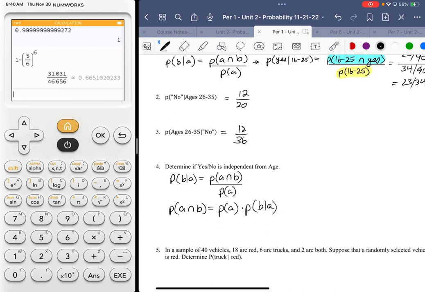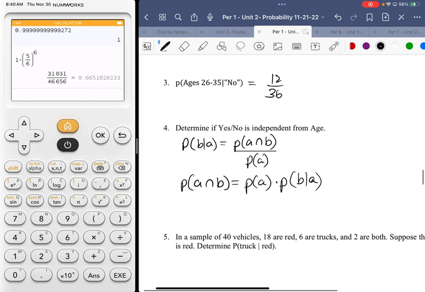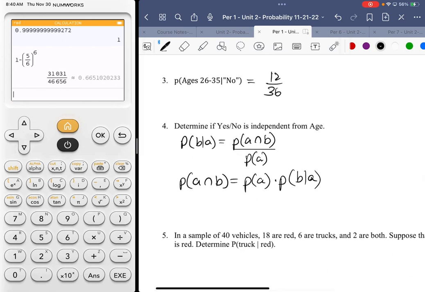It's probability of A times the probability of B given A. Right? So this is the general multiplication rule.